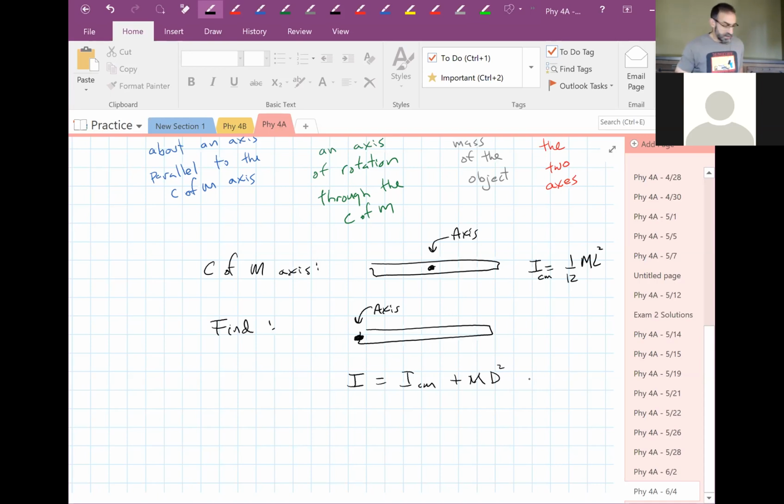Okay, let's do it here. Let's make sure we get the right answer. The right answer we know is 1/3 ml squared. So let's plug in what we know. We know our center of mass axis gives us a rotational inertia of 1/12 ml squared. We're going to add the mass times the distance between the two axes squared. And what is the distance between the two axes?